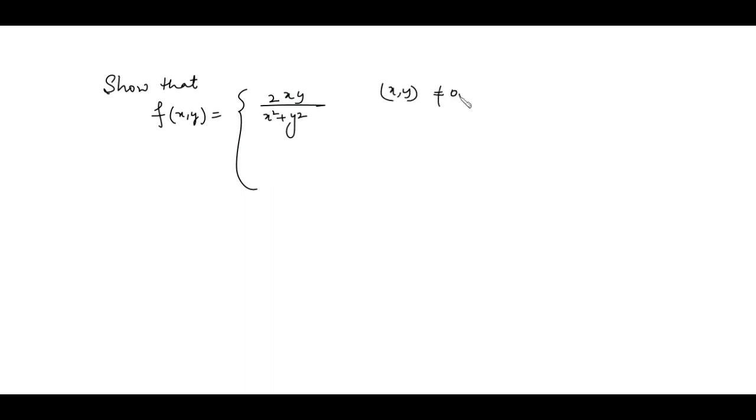Now the next type of question is where the function is not continuous at some point. So for example, show that f(x,y) is 2xy upon x square plus y square whenever (x,y) is not equal to (0,0), and it is 0 whenever (x,y) is (0,0).